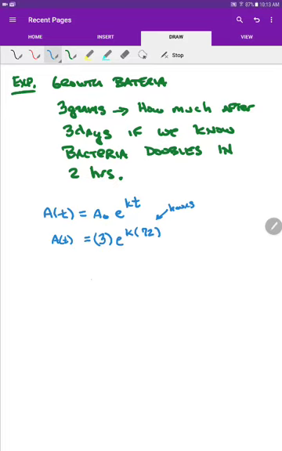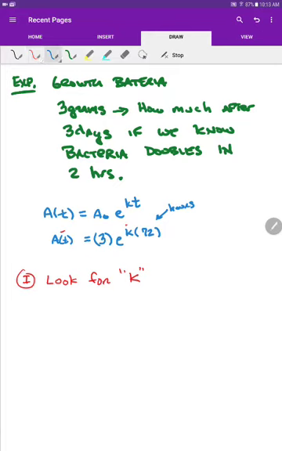Well, we see we can't solve this relationship because we have 2 unknowns: this K here, and this A of t here. We need to figure out what K is. So how do we approach that? Well, we can split this problem up into 2 parts. In part 1, we're going to look for K. Then we're going to stick K in there, type that into our calculator and figure out what A is.